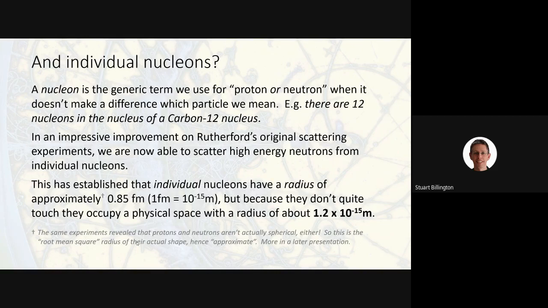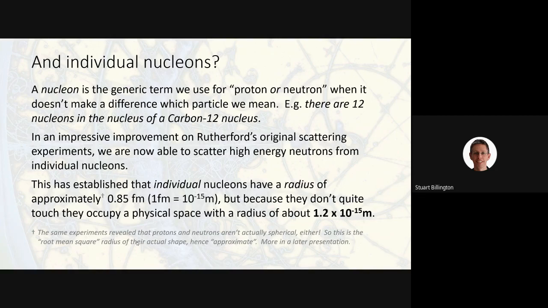The grey bit at the bottom just quantifies the word approximately a little bit. You'd think that if we're doing an experiment this good and we've got a value of 0.85, that sounds pretty accurate. Why have I got the word approximately in there? Well, just as a heads up for what's coming in a few lessons' time, it turns out that, much to our surprise, nucleons aren't actually spherical.